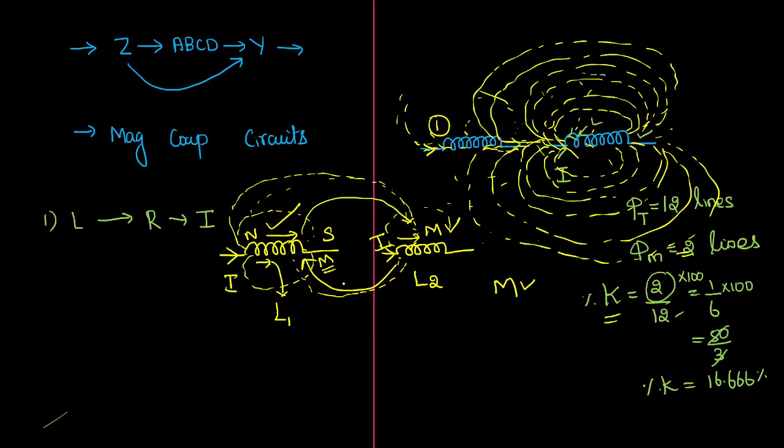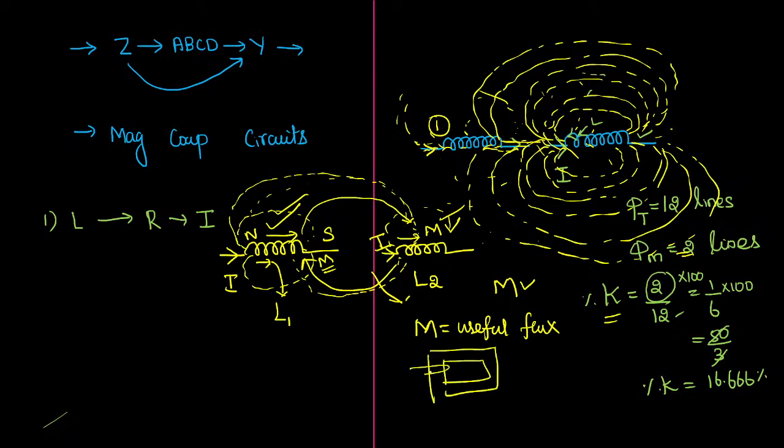So mutual inductance is basically the flux interlinking between the two coils, that is called mutual flux. In our electrical machines, we call this mutual flux what? Useful flux. Because if you take the transformer, the moment we pass the current through the primary coil, because of that current flux lines will come, and those flux lines will cut the secondary coil.